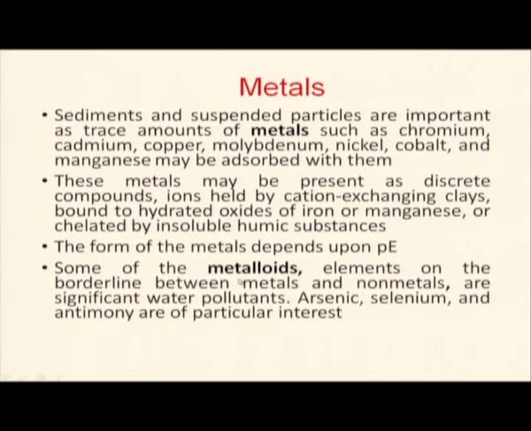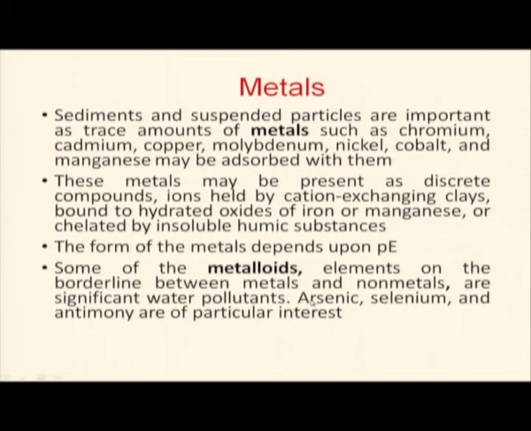And also some of the metalloid elements on the borderline between metal and non-metal category are significant water pollutants. For example, arsenic, selenium and antimony are of particular interest in this series.